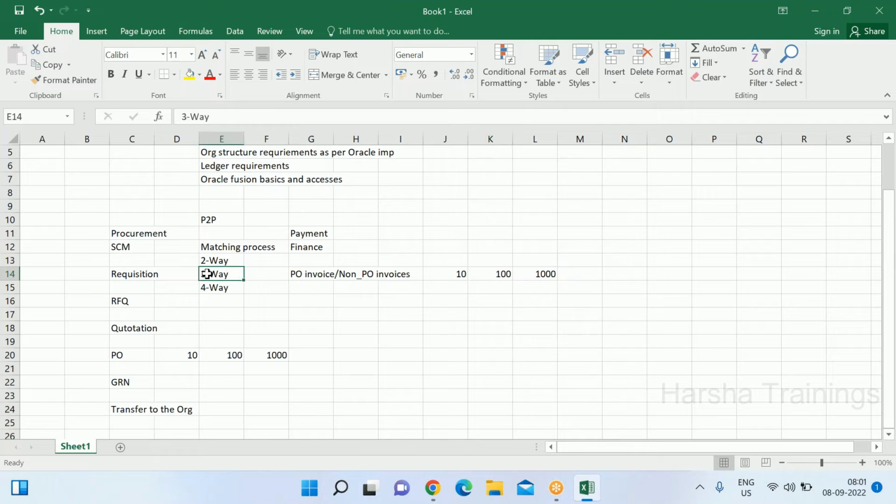So this is two-way match, and in three-way match, three activities are involved. The invoice matches with the purchase order and the GRN. See here the additional activity, GRN matching. Why is GRN required? Basically, for services you can directly do two-way match.